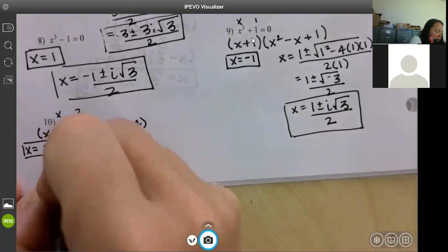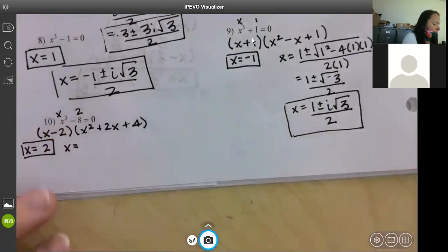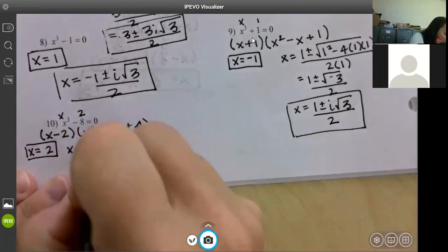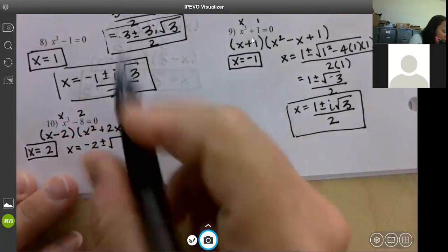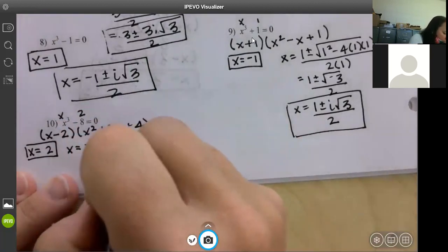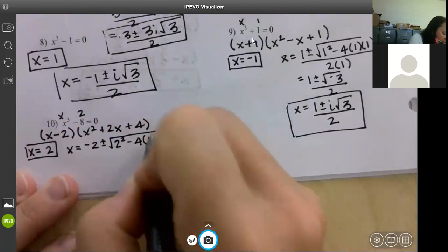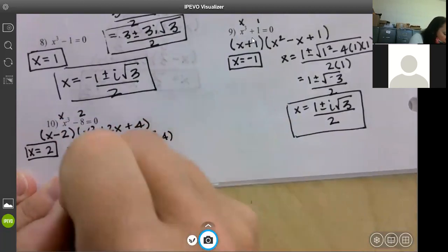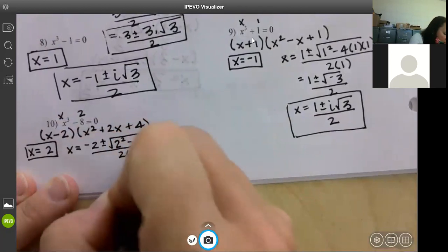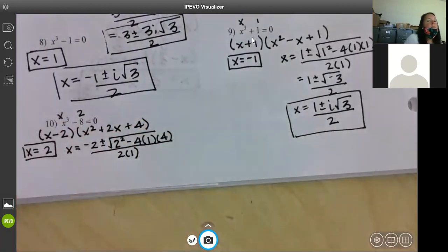Your second answer, x equals negative b plus or minus big fat square root b squared minus 4 times a times c, all over 2 times 1. 2 squared minus 4 times 1 times 4.